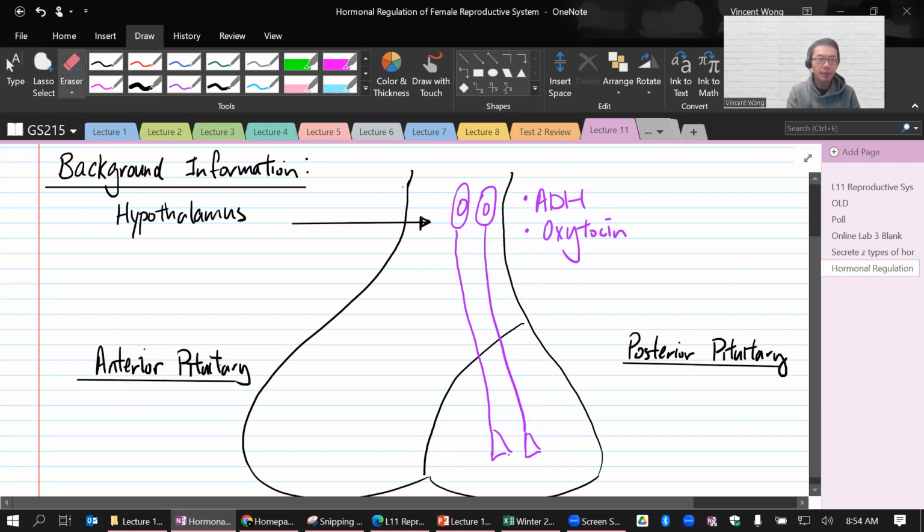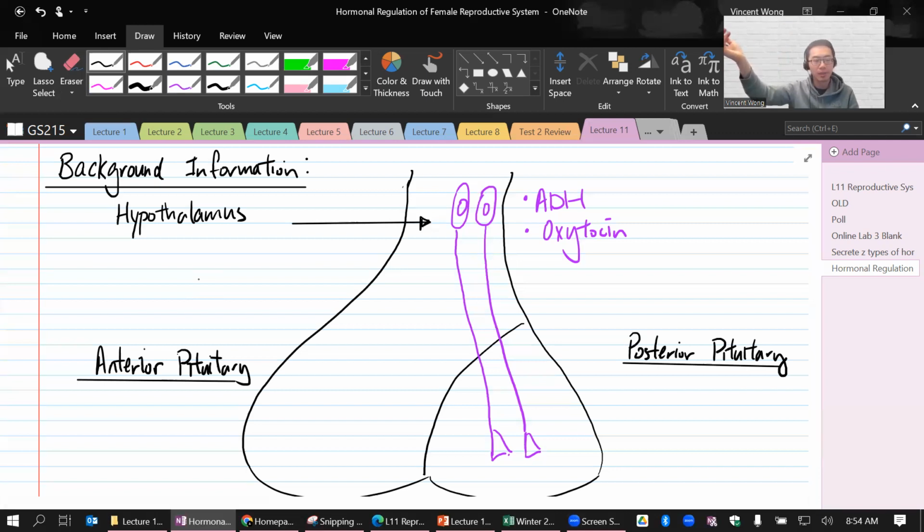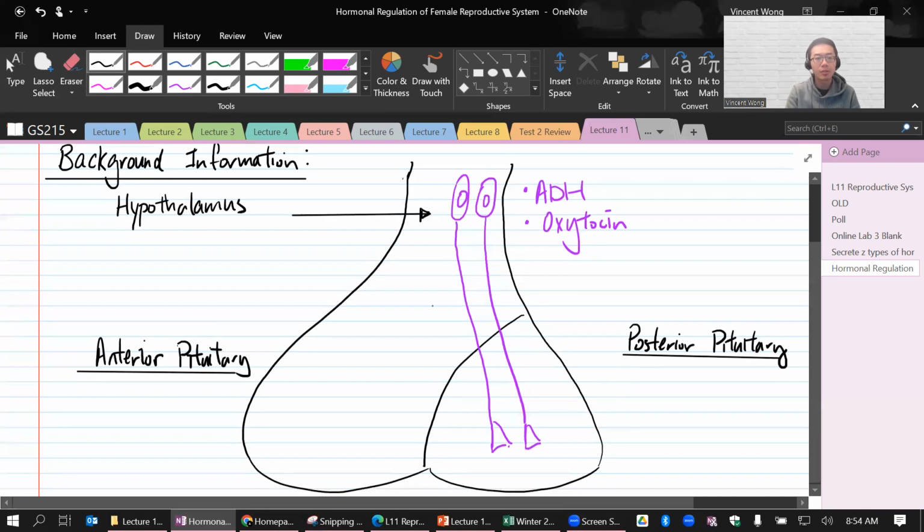Now, the anterior pituitary gland is completely different in the sense that it does not rely on the hypothalamus to supply hormones. Instead, it makes its own. There are a bunch of hormones made in the anterior pituitary gland, but for today, we will be focusing on 2 particular ones. One of them is called the follicle stimulating hormone.